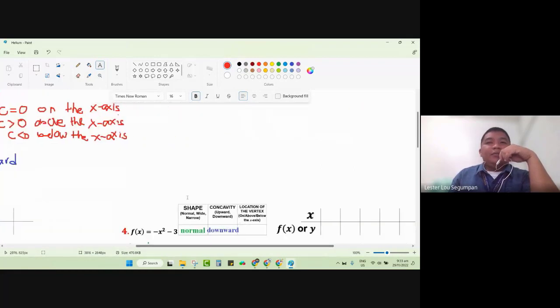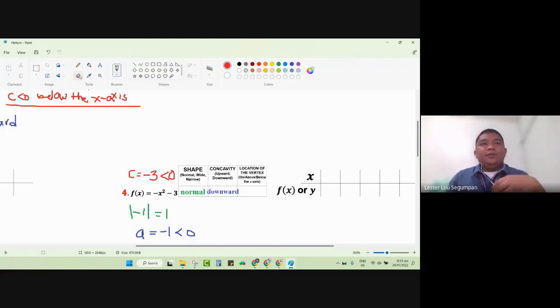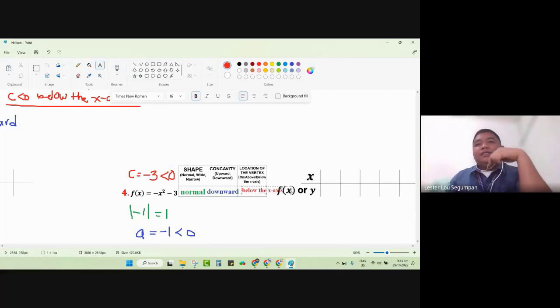And finally, for number 4, our C coefficient is negative 3, which is less than 0. Less than 0 here would mean that our vertex should be below the x-axis.